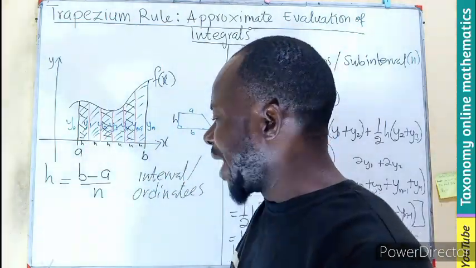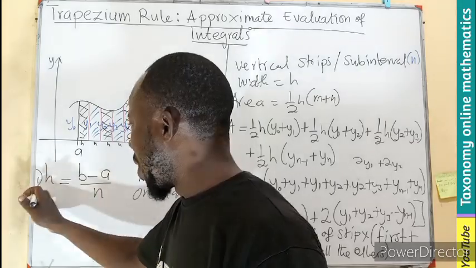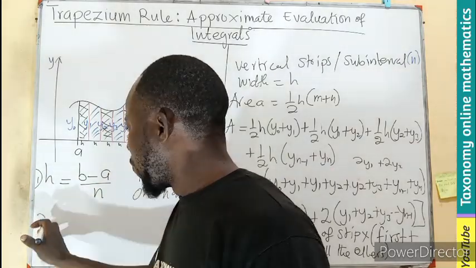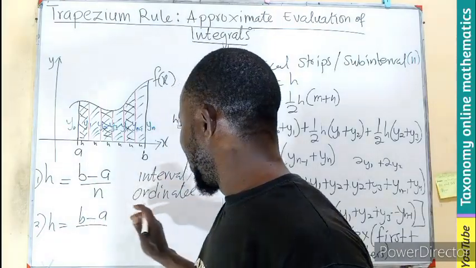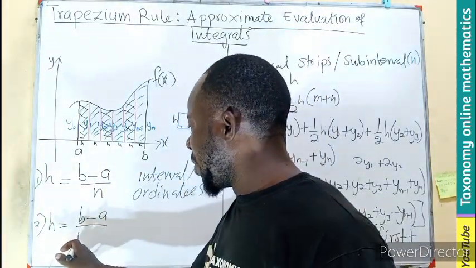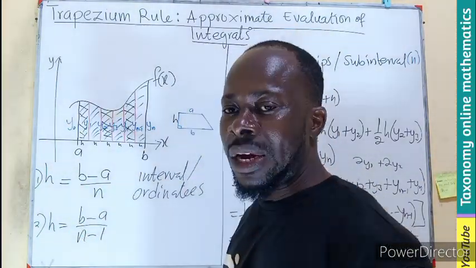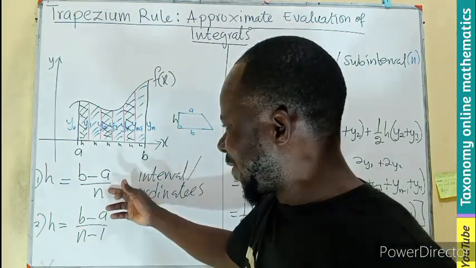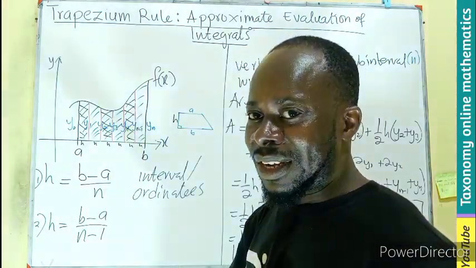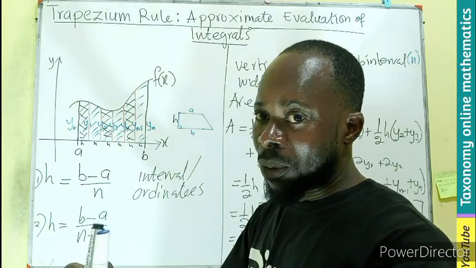So to find the height, let's say this is the first one, the second one, when you are given the ordinate, it will be n minus 1. You didn't get that one clearly, right? This is when you were given a stripe, or let me just call it, you were given the trapezium.